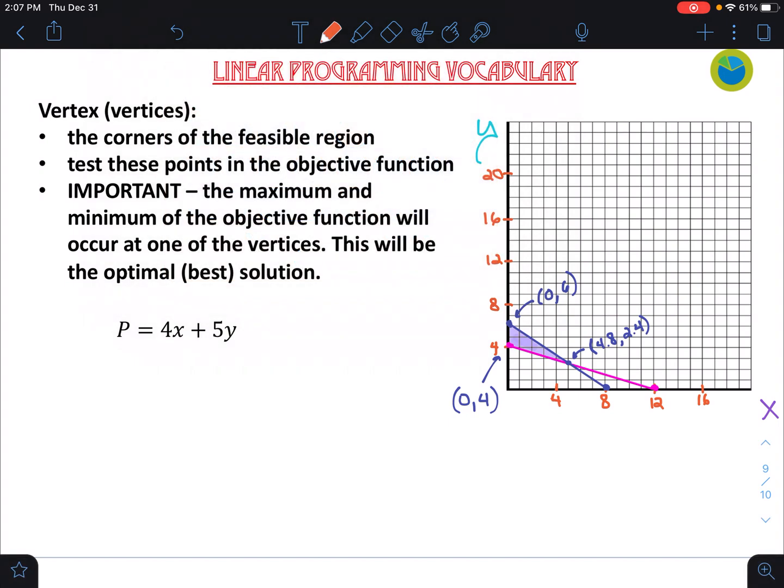Let's say the first one I'm going to test is 0, 4. We're going to test them in this function here. In other words, we're just going to plug in for x and y and see what we get. So profit here is going to be equal to 4 times 0 plus 5 times 4, which gives me a profit of $20.